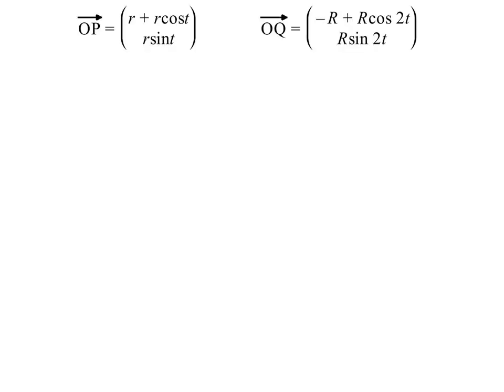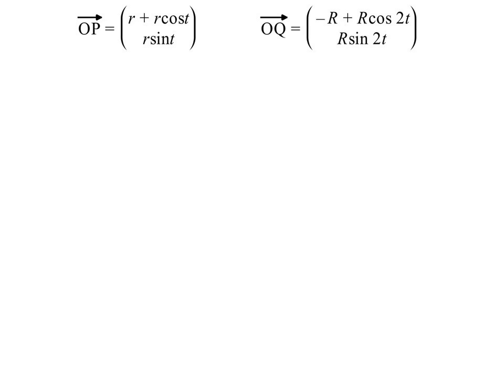Let's get expressions for our two vectors. So OP is any point on this circle. And if you remember the parametrics of a circle, the radius cos theta, radius sine theta, but we've got a circle shifted, so my x coordinate will actually be r plus r cos t on that right hand circle.